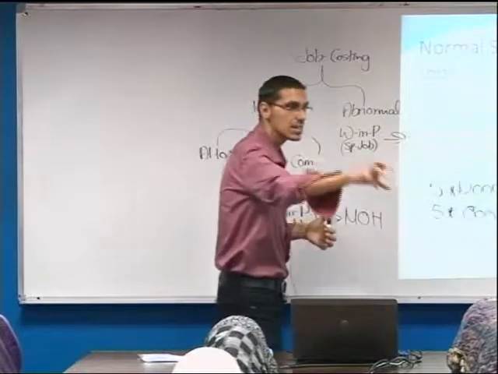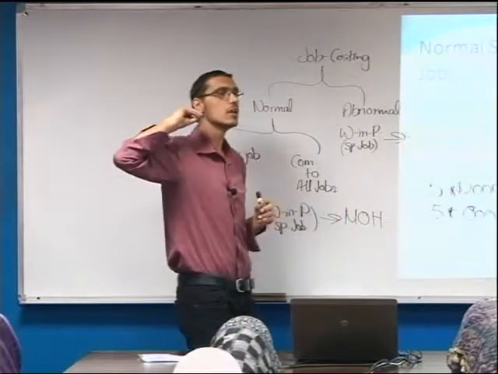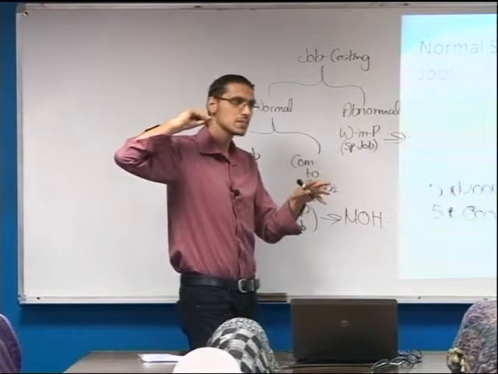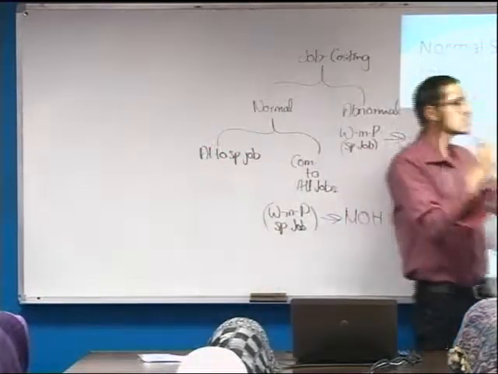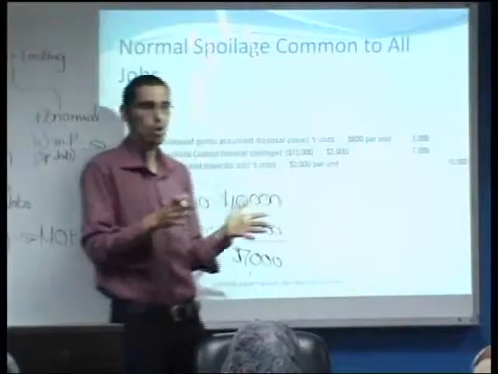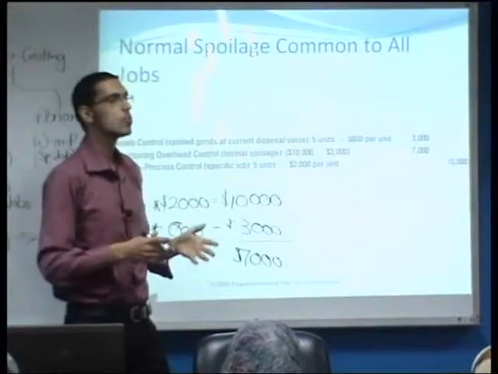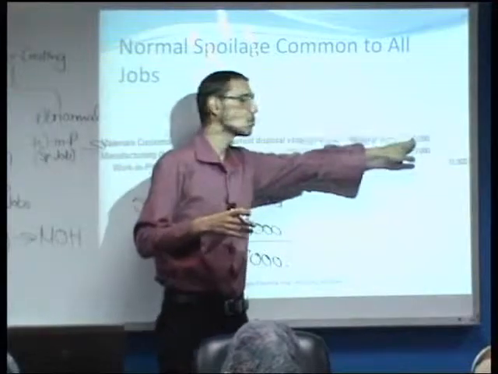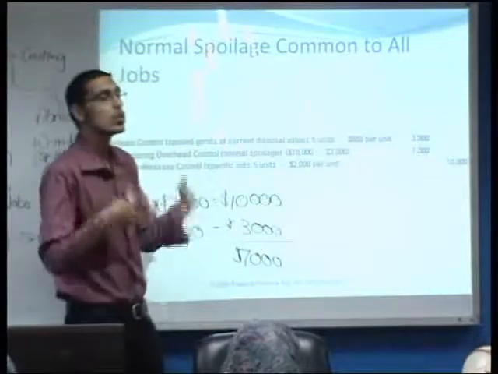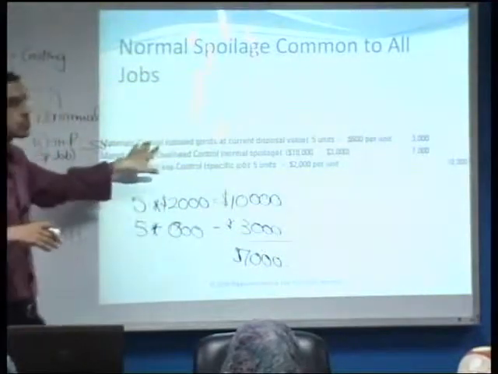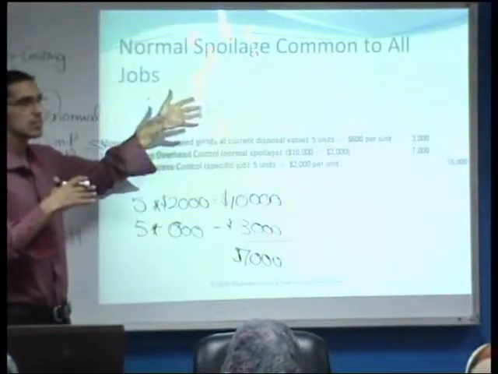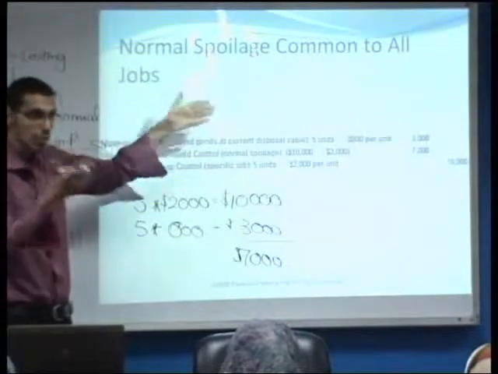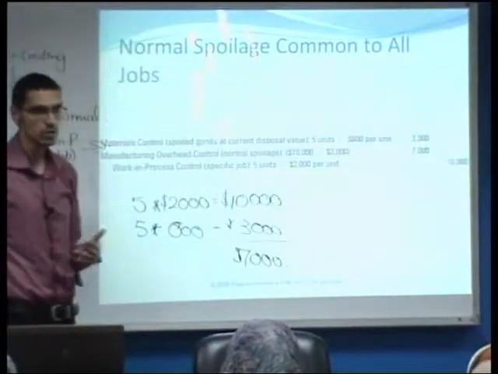Therefore, we are going to transfer all the 10,000 from the work in process in that specific job, and only consider 7,000 as the cost of these spoiled units, and the 3,000 is considered as the inventoriable cost of the spoiled goods. Of course, this amount is the realizable value or the saleable value for these spoiled units.